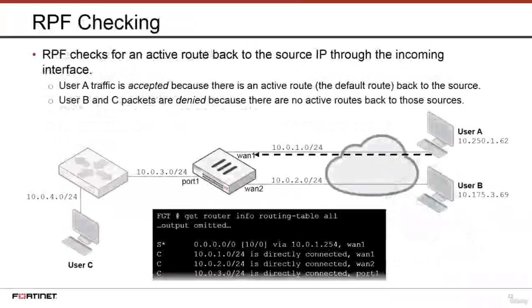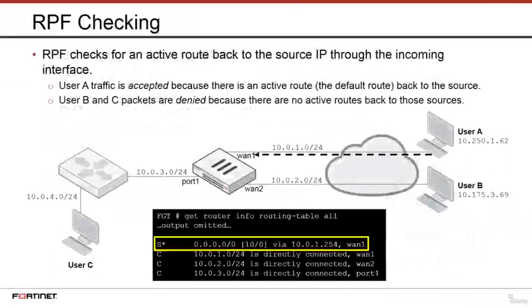In the scenario shown on the slide, incoming internet traffic arriving at WAN 1 will be accepted because the default route is a valid route back to the source. However, there are two interfaces that will not route some incoming traffic, port 1 and WAN 2.